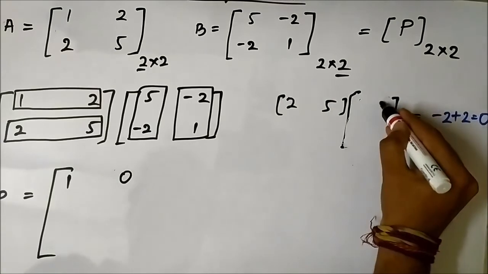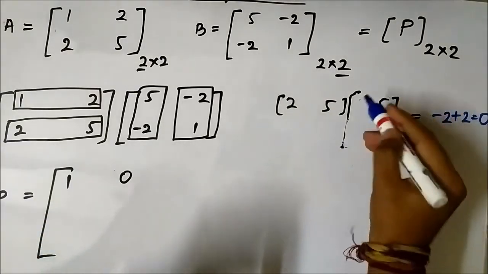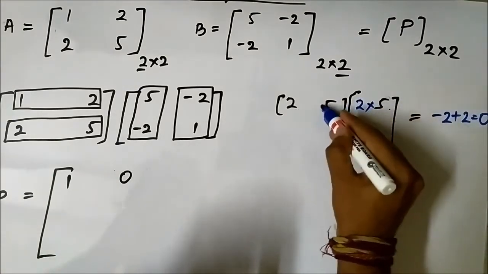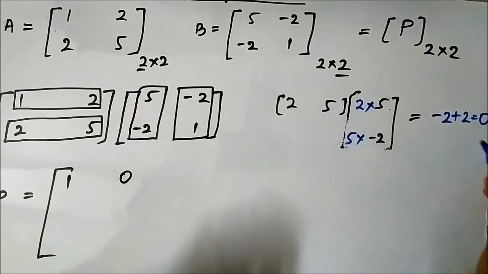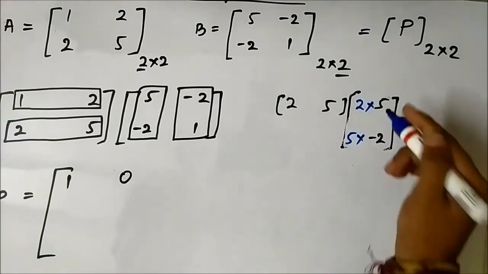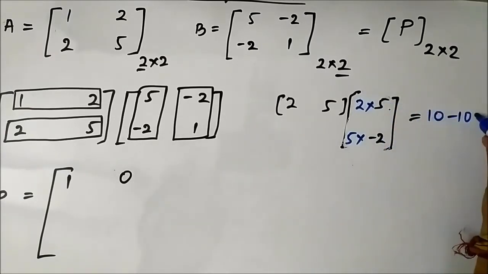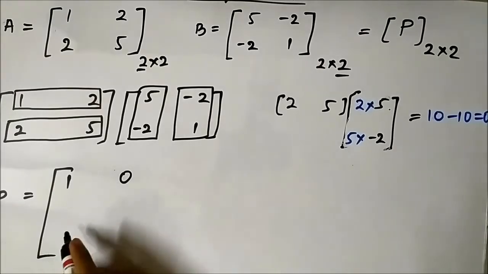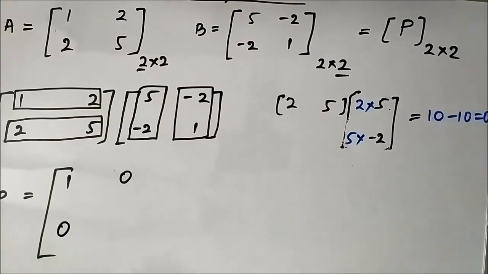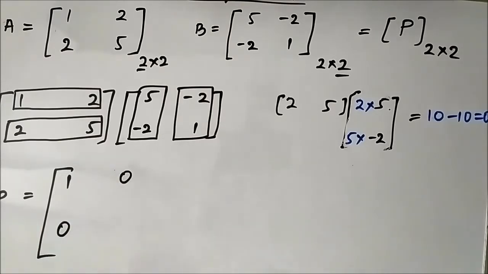So this 2 comes here, this 5 is here. The result will be 2 into 5, 10, and 5 into minus 2, minus 10. The result will again be 0. This gives us the element at the intersection of the second row and the first column, 0.